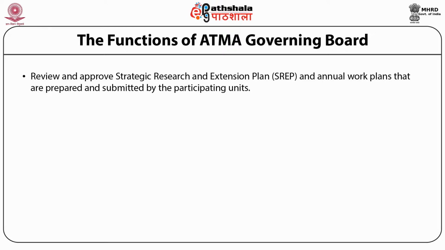The strategic research and extension plan is a unique intervention of ATMA wherein all the stakeholders that we discussed so far are going to prepare this SREP, and that is being approved by the governing board.